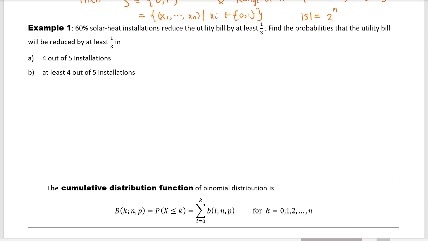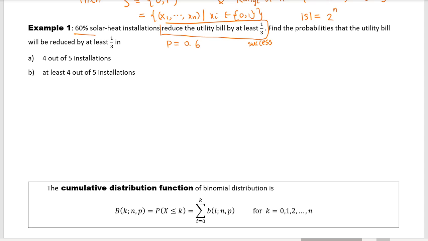So here 60% is the probability of success, which is 0.6. Actually, we're not going to use the 1/3 here. The success is that we can reduce the utility bill by at least 1/3.